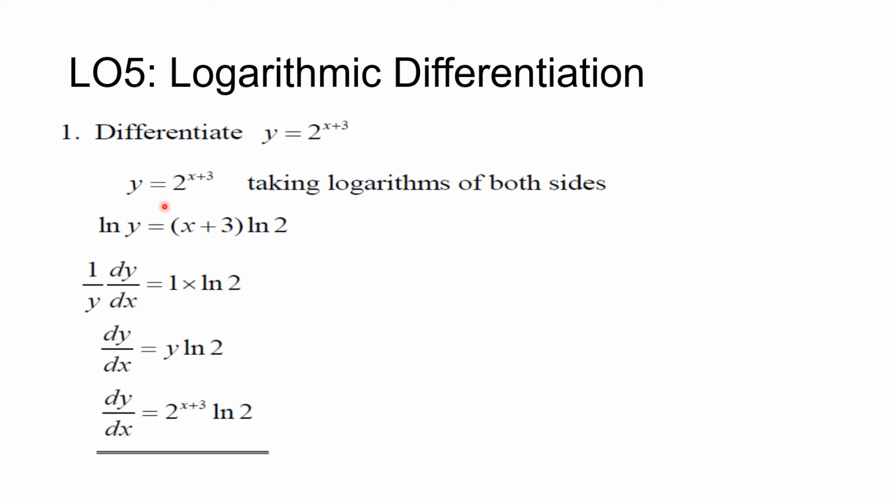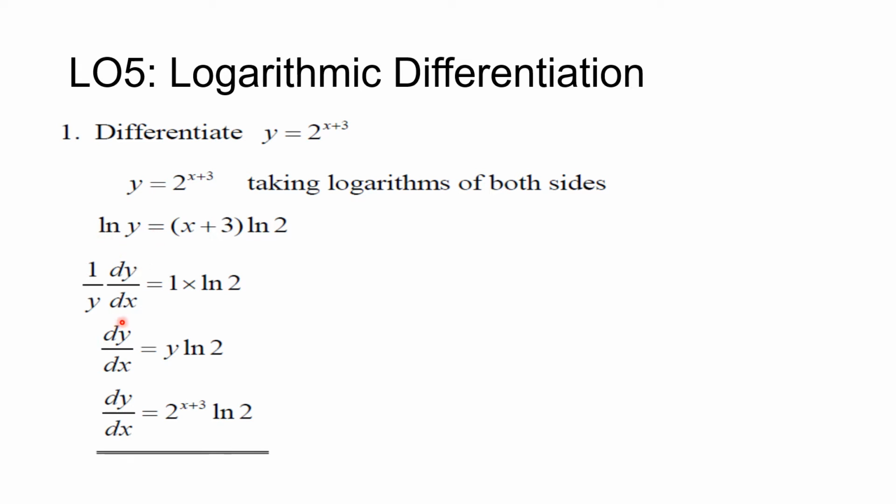So for this question, you have ln y, and then x plus 3 is the index. When you introduce ln, you can bring the index to the front. So it becomes x plus 3 multiplied by ln 2. Next, you just differentiate it, applying all the rules that you have learned, including implicit differentiation, because there is ln y here.